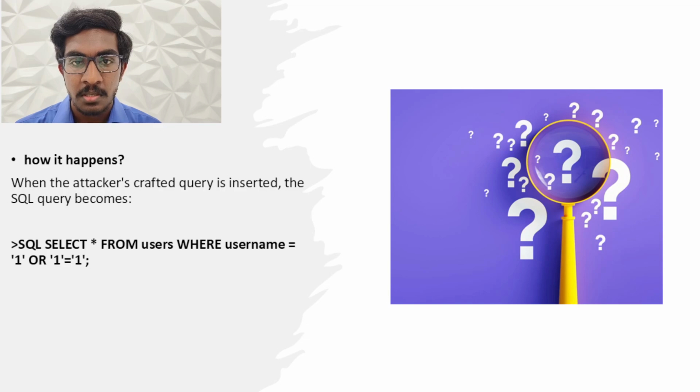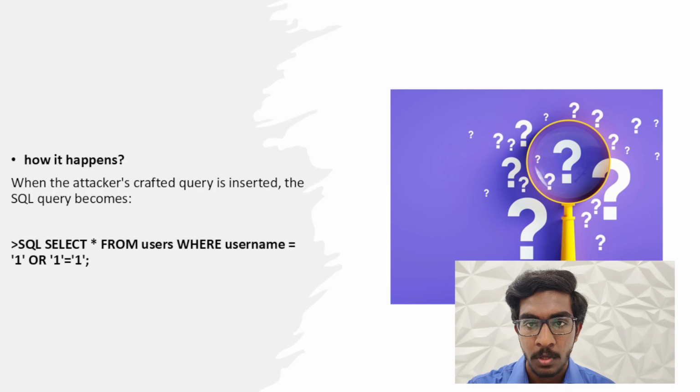How it works is, when the attacker's crafted query is inserted, the query becomes select star from user, select every table from user where username is equal to true. So it is used to access the username database fully, which is likely to leak the data to third-party resources.